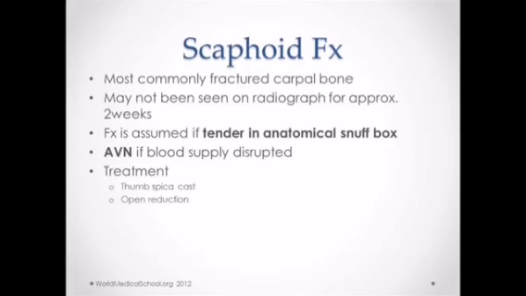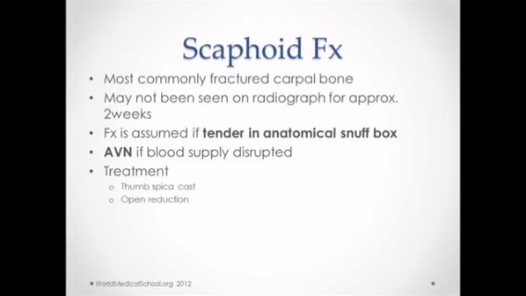Scaphoid fracture is the most commonly fractured carpal bone, and sometimes is challenging to see initially on radiographs. It may take 2 weeks or better. It's important to remember that if there is tenderness in the anatomical snuffbox, then that is highly indicative of scaphoid fracture.